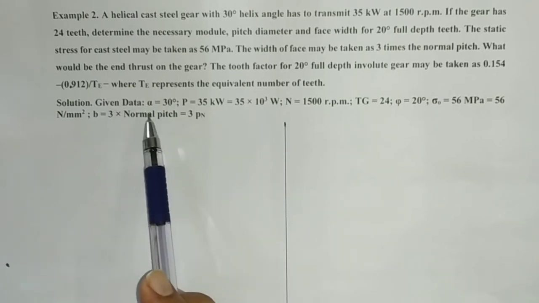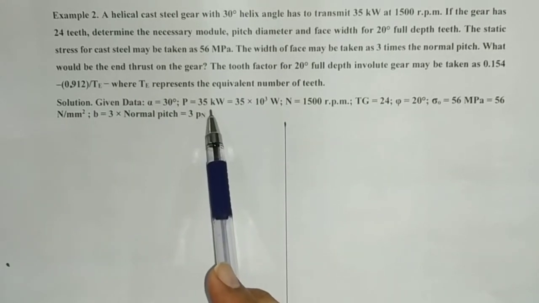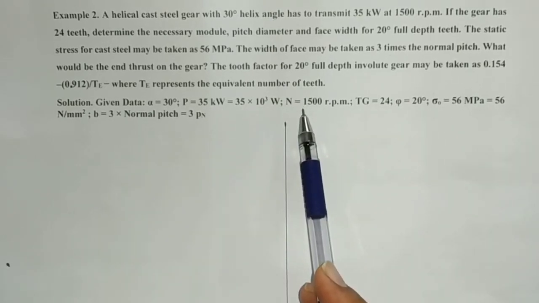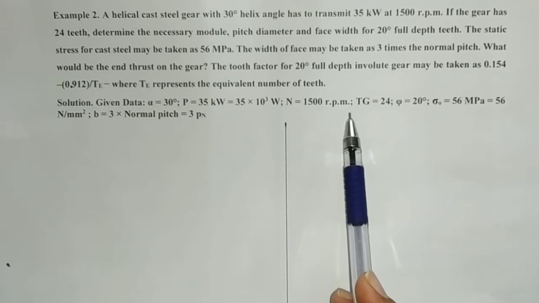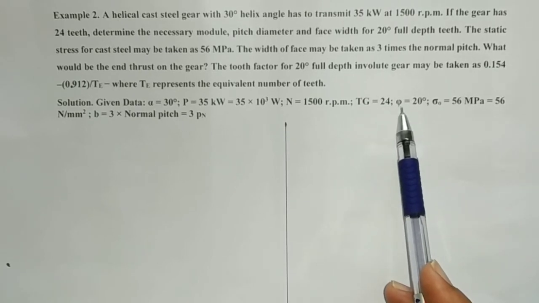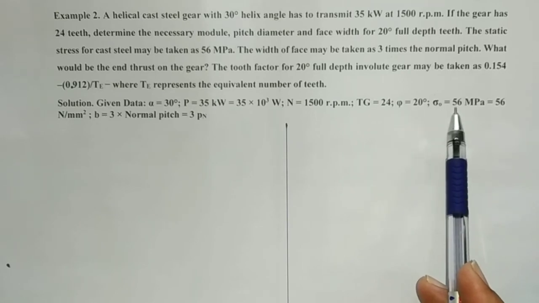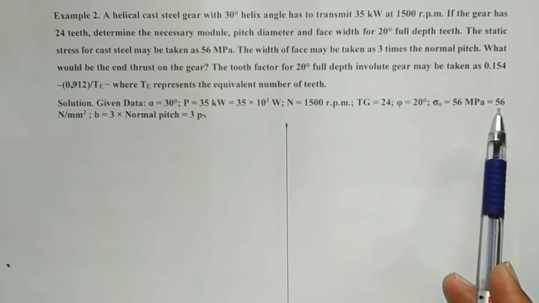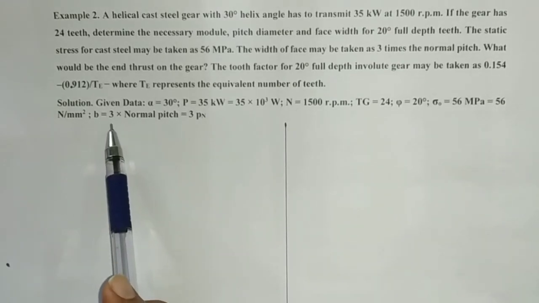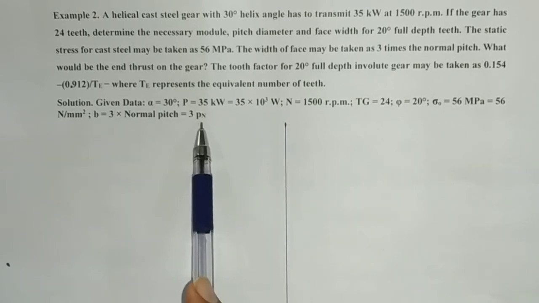Given data: alpha is equal to 30 degree, power P is equal to 35 kilowatt, so 35 into 10 raised to 3 watt, speed 1500 rpm, number of teeth on gear TG is equal to 24, pressure angle phi is equal to 20 degree, static stress sigma O is equal to 56 megapascal, that is 56 Newton per mm square, and face width is 3 times the normal pitch, so it is equal to 3 pn.